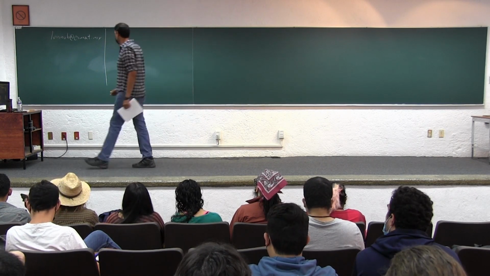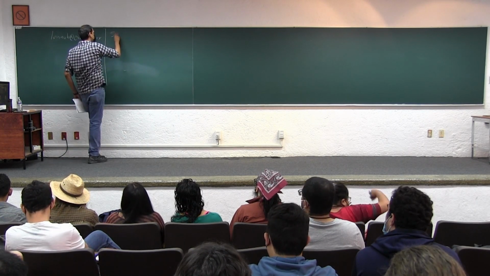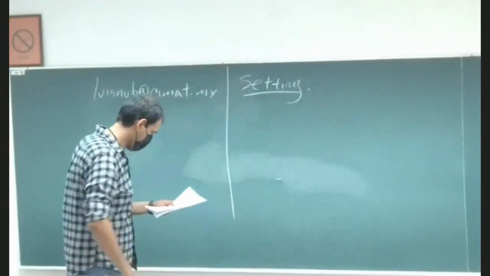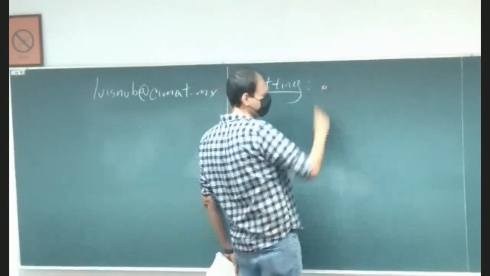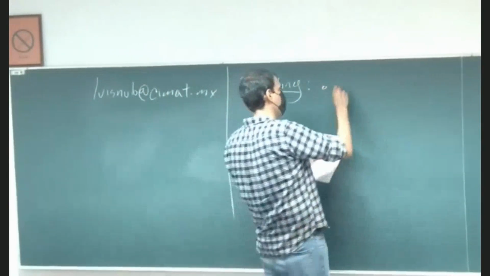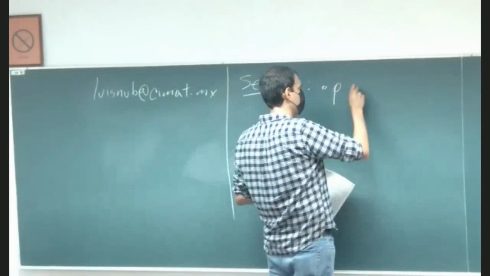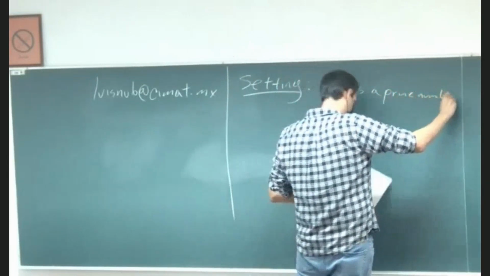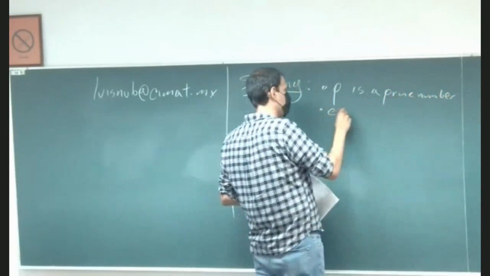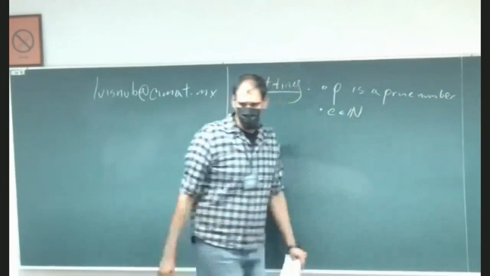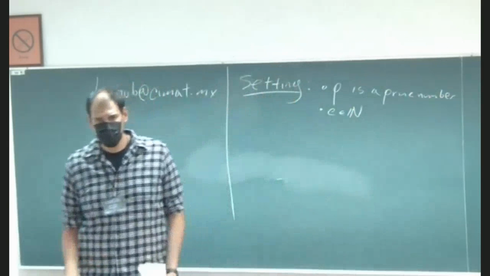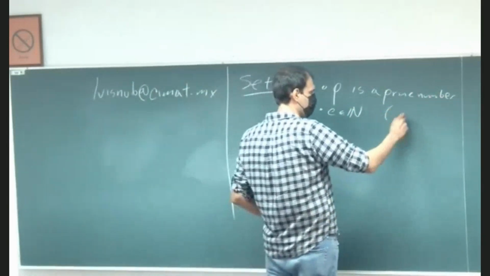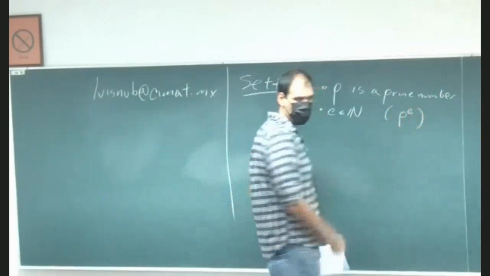Okay, so for us today, and actually most of the week, p is a prime number. And e is going to be a natural number. For me, the natural numbers include 0. And usually I'm going to be thinking of e as an exponent for p.